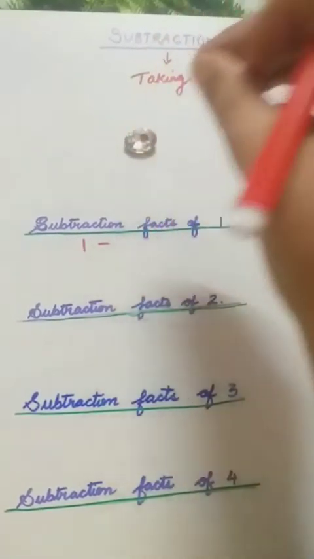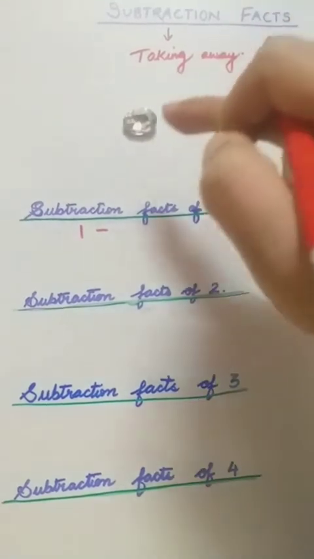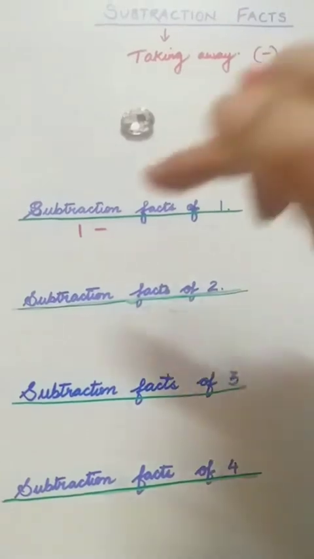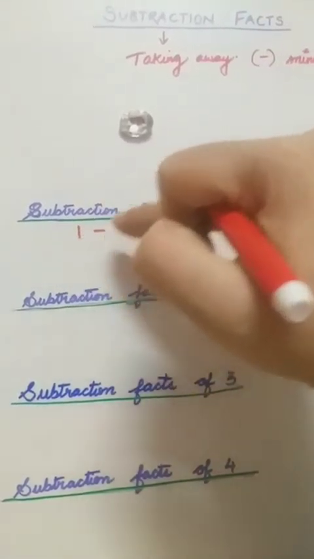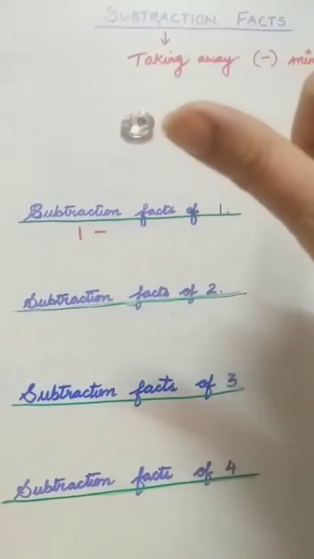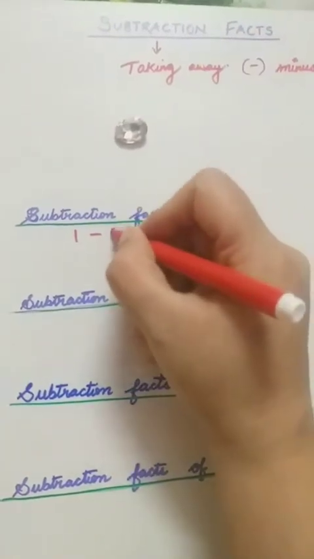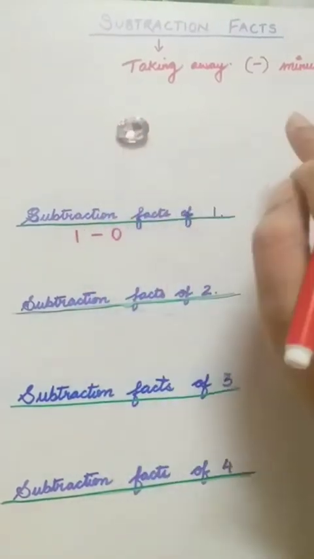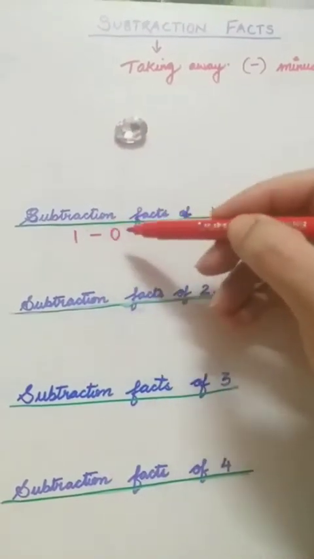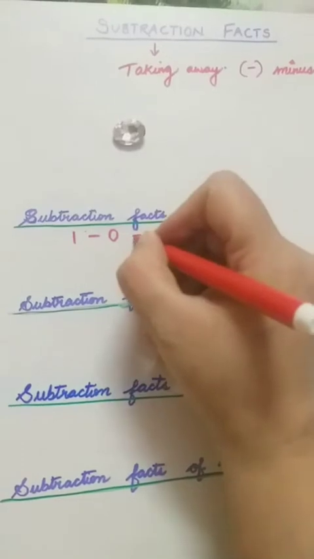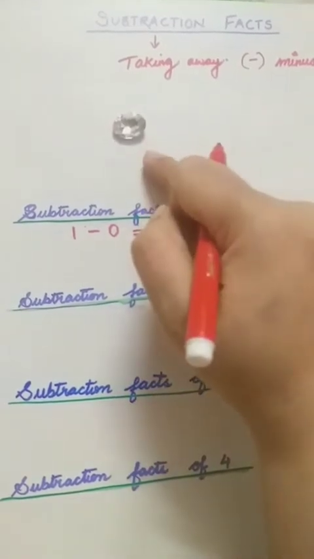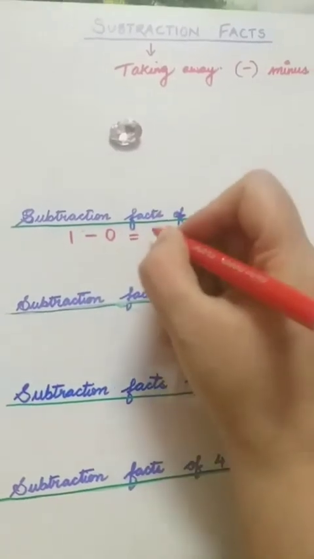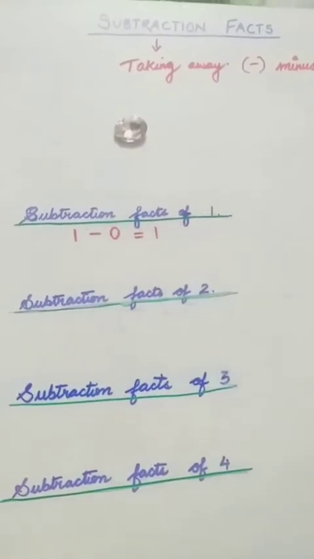So we will take away, but in the first question I am not taking away anything. 1 minus, I am not taking away anything, means 0. From 1 we have taken away nothing. So 1 minus 0 is equal to, how many are left over here? 1. So 1 minus 0 is equal to 1.